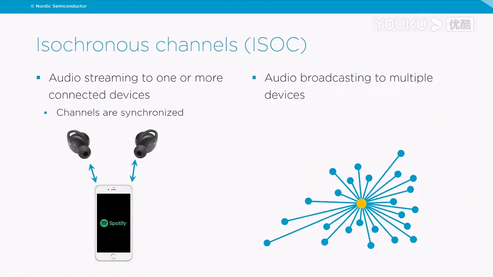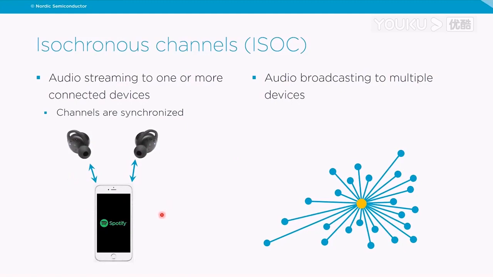So isochronous channels. This is part of the Bluetooth Low Energy stack. It allows audio streaming to one or more connected devices. And these channels are synchronized so that from a smartphone you can have one channel to each earbud, and get synchronous sound.